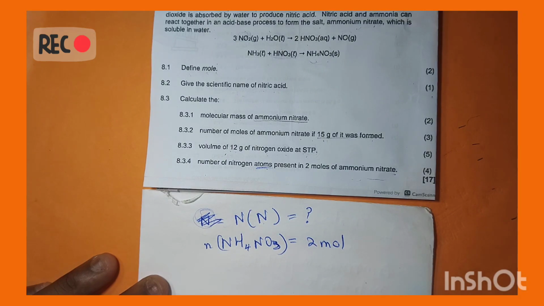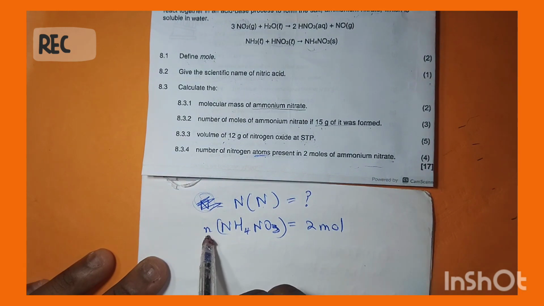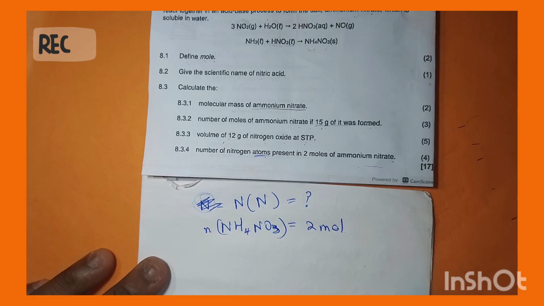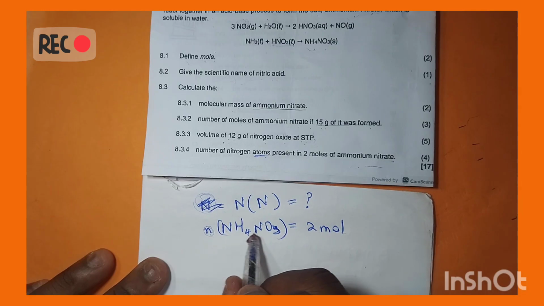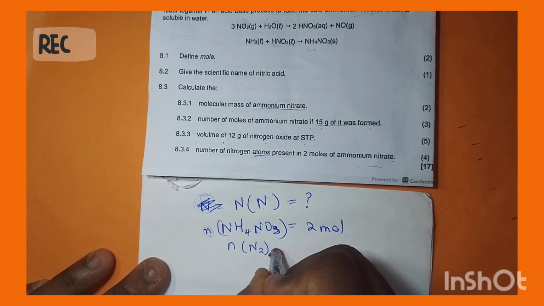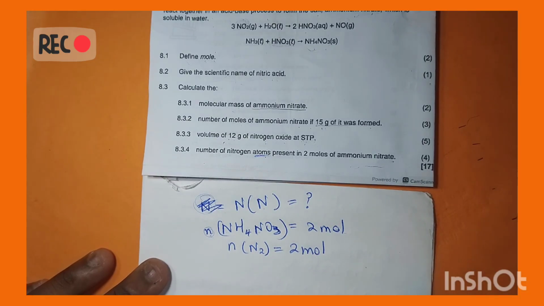So this question, guys, is not specific, but you don't get confused. The way they gave you the information, they didn't give it directly. Those moles include nitrogen, meaning that thing is for nitrogen, which is 2 moles.